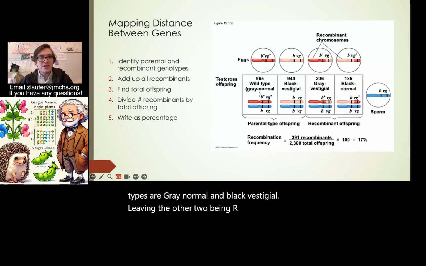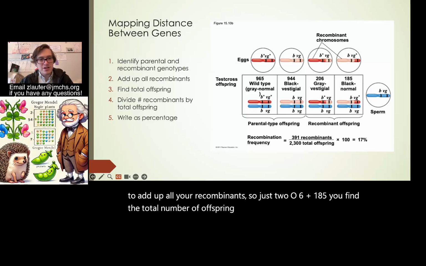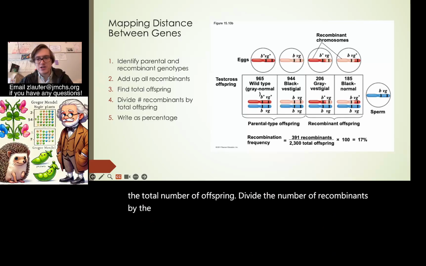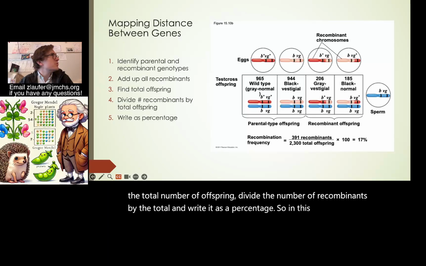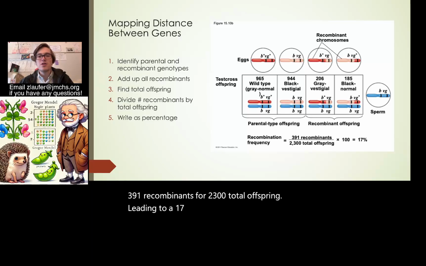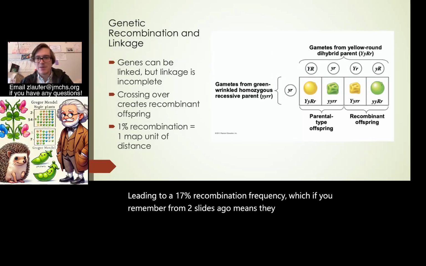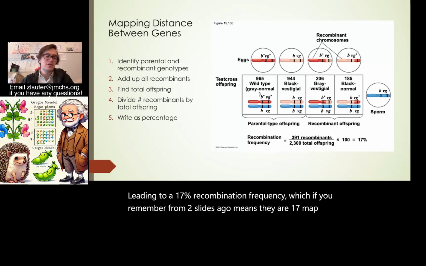And then you need to add up all your recombinants, so just 206 plus 185. You find the total number of offspring, divide the number of recombinants by the total, and write it as a percentage. So in this case, we had 391 recombinants for 2,300 total offspring, leading to a 17% recombination frequency, which, if you remember from two slides ago, means they are 17 map units apart.